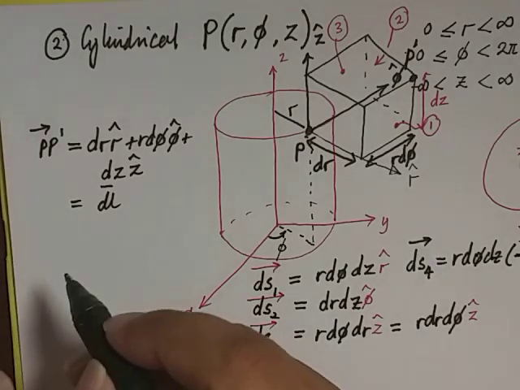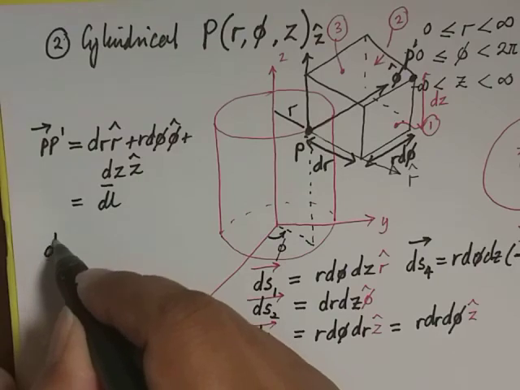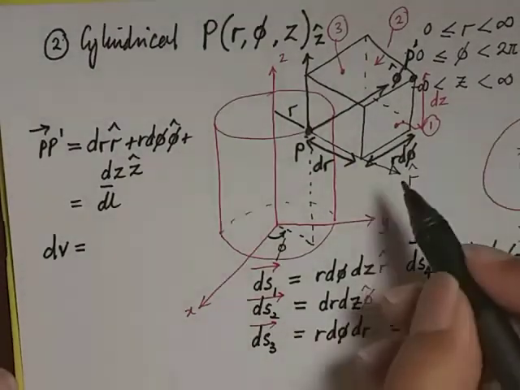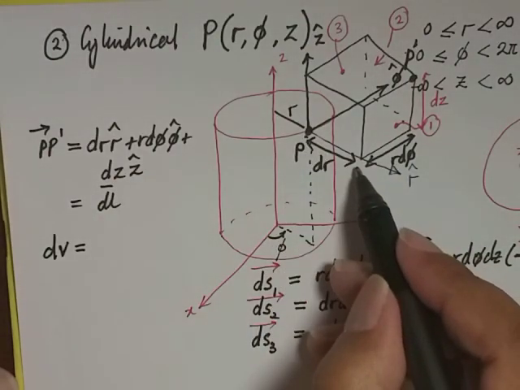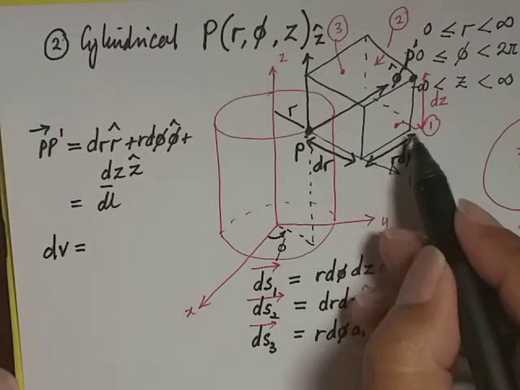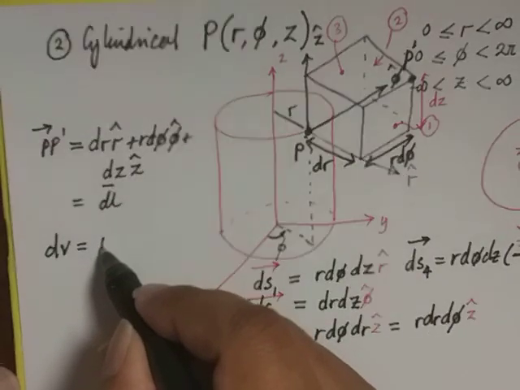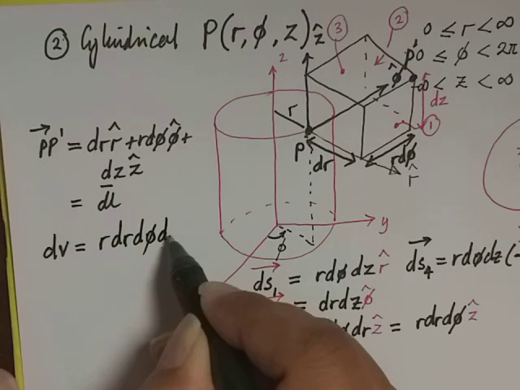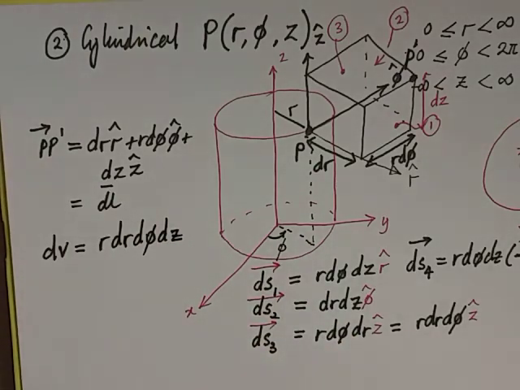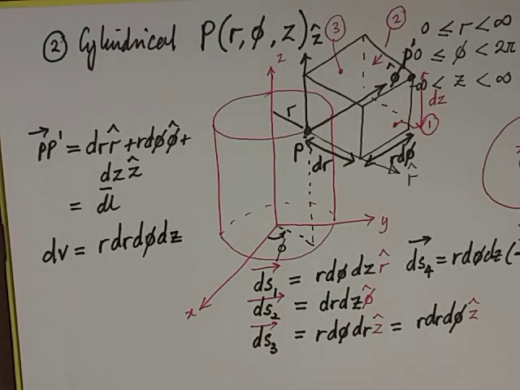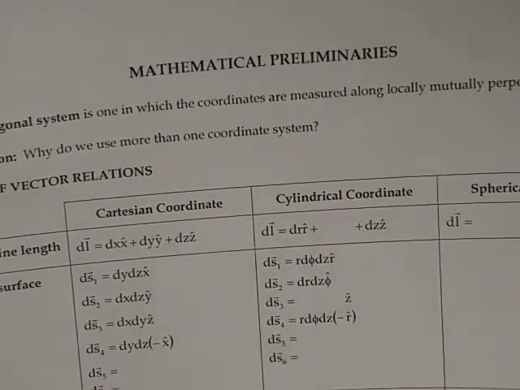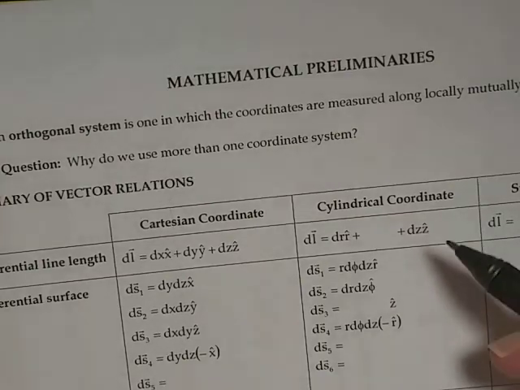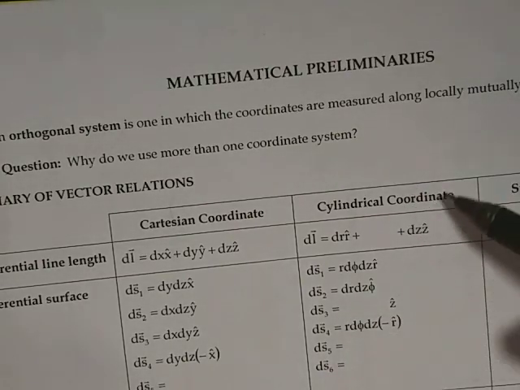And for the volume, the third parameter dv, the volume of this box should be this length, multiplied by this length, multiplied by this length. So what we should have now is r dr d phi dz. With that, we can fill all the empty spaces in this table according to the cylindrical coordinate.